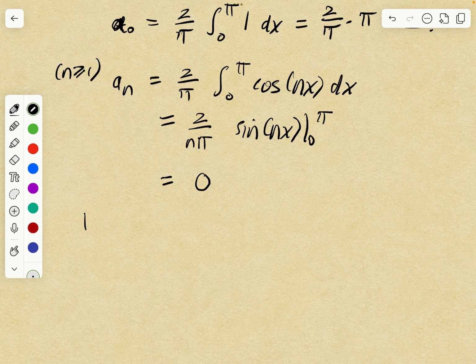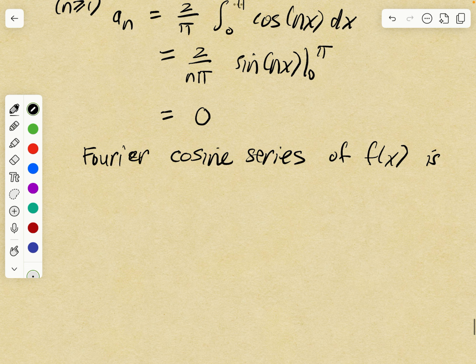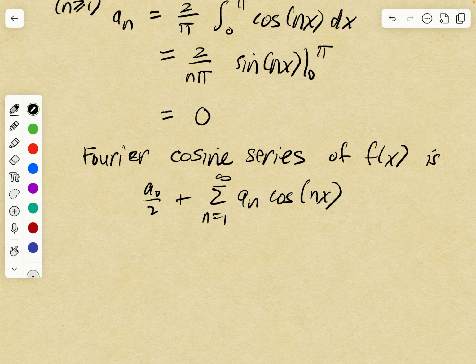So what that means is that the Fourier cosine series of my function is, remembering the general formula, a0 over 2 plus the sum of an cosine of n pi x over pi, because my T is pi, so I just get a sub n times cosine of nx from 1 to infinity.